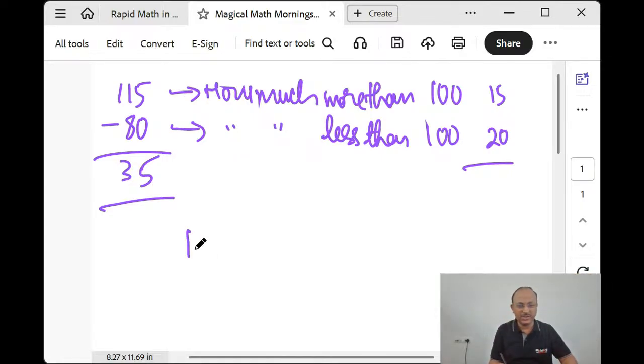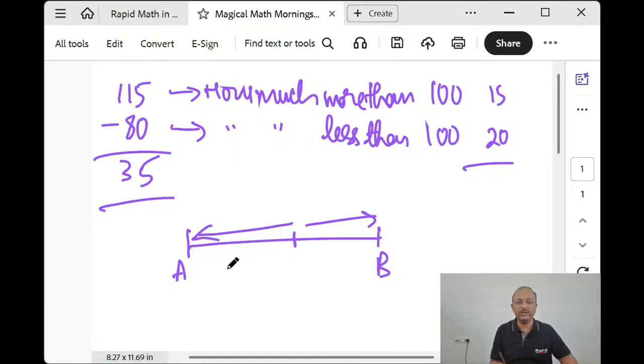Like if you consider the distance from A to B, instead of finding the total distance, we take one milestone in between. How much from here to here and here to here, we add these two, and we get the total distance from A to B. So from 100, if you go above, it is 15. From 100, if you go below, it is 20. You add these two, it is 35. This is the simple trick that we are going to use today.